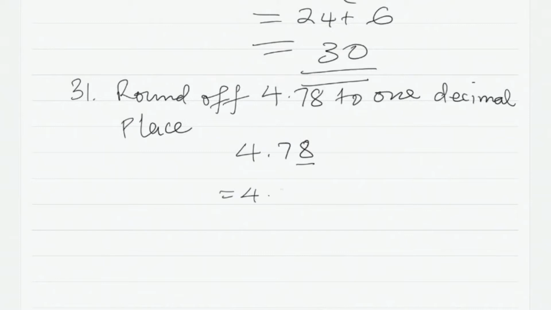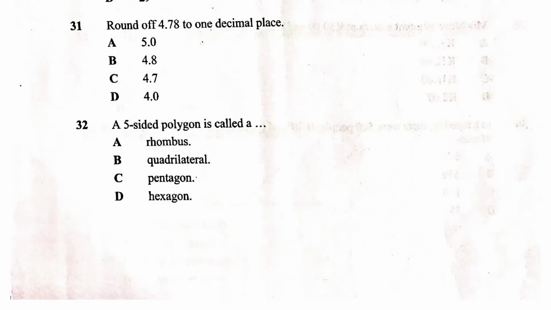So our answer, when rounded off, is going to be 4.8, meaning that our answer is B, according to question number 31, where we had to round off to 1 decimal place. This 8 was put off after we added 1 to 4.7 to have 4.8.